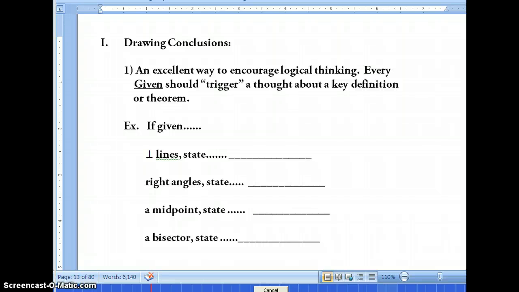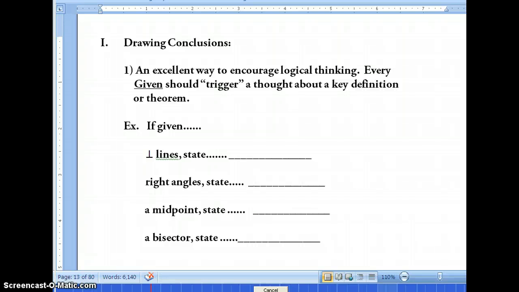And so we use the example that the cheerleaders do when they say that callback cheer during a pep rally or during a game. We say Fairview, you say Tigers. Every time they say something to the crowd, it triggers, it stimulates a response back from the student body. The same thing has to happen in these proofs.